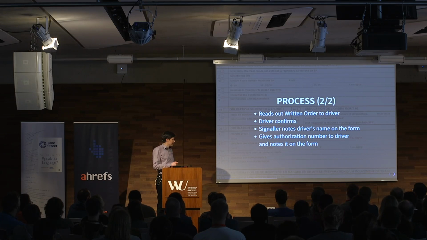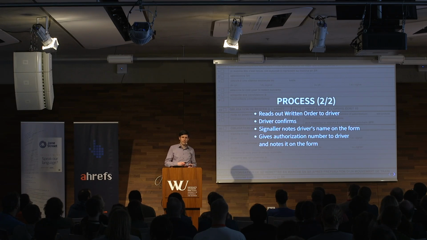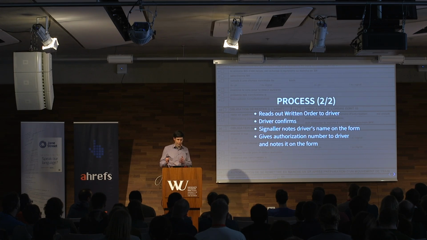And again, there's some paper-based process or some kind of offline process through which the signaler obtains an authorization number that he also needs to note to the form and pass on to the driver. And now the driver is authorized to continue the journey of the train, and the written order form is archived, and this process is completed.